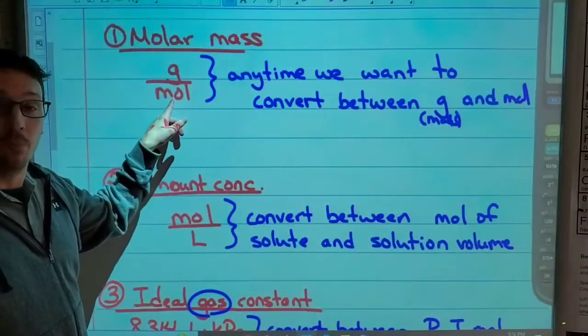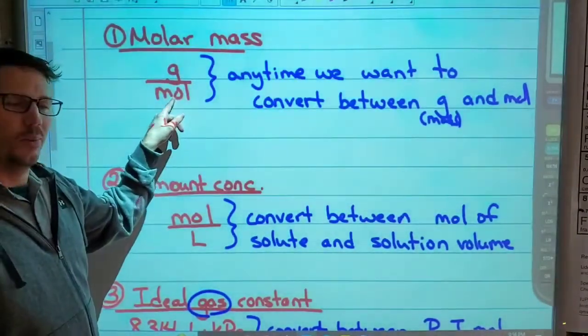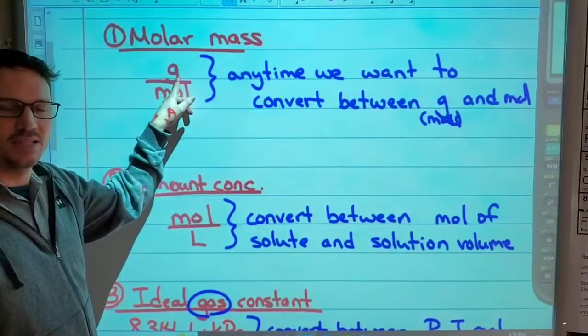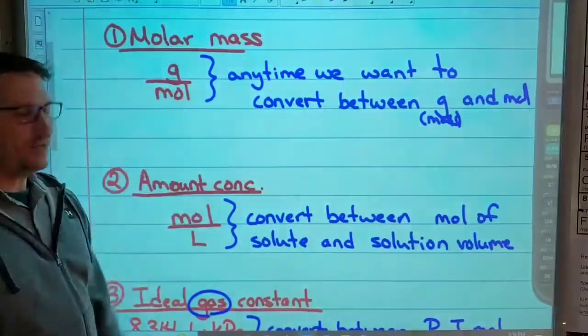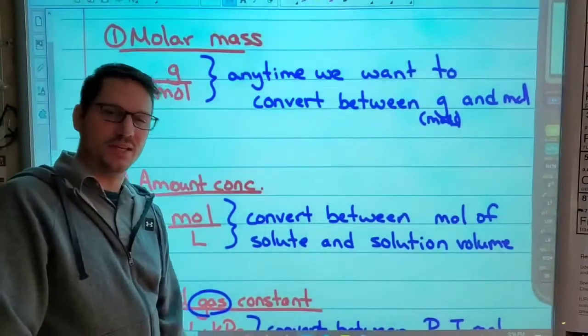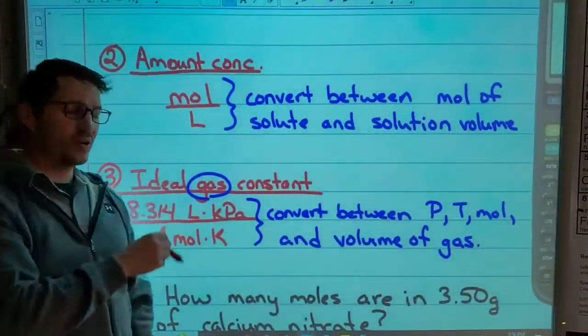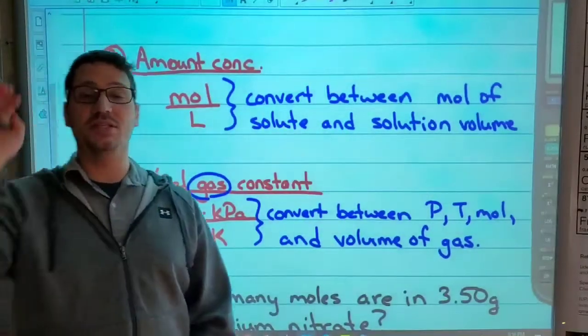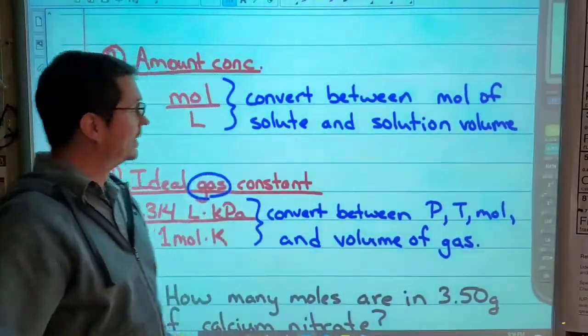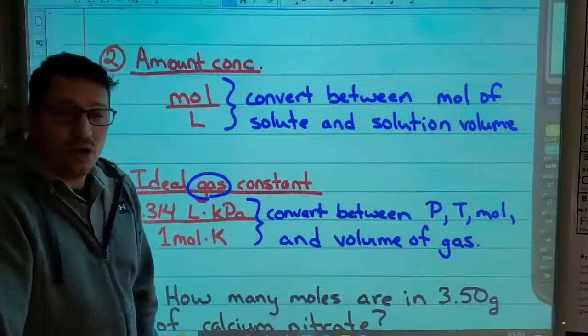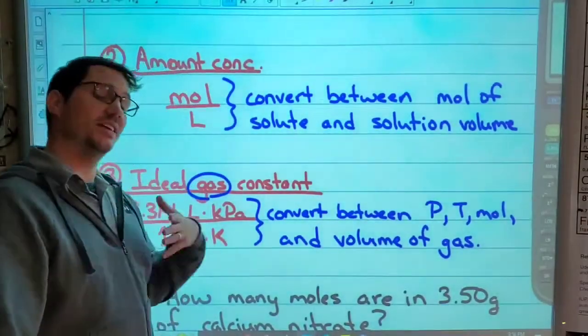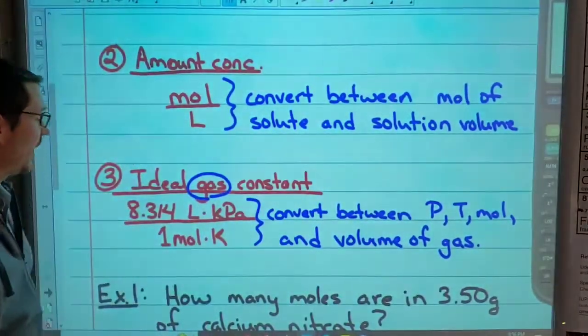It's asking about moles, so that's great, but at no time does it give us the mass. So we don't need the molar mass in this particular case. So that's not going to be helpful. The amount concentration, that's only for solutions, something dissolved in something else. So an amount concentration isn't going to help us. It sounds like this is pure hydrogen gas.